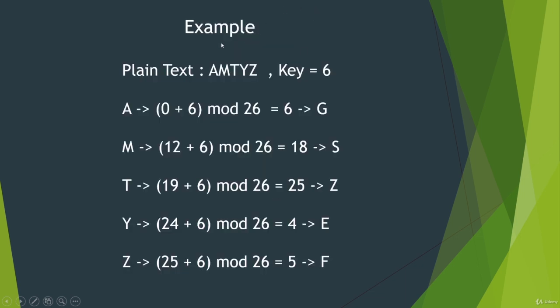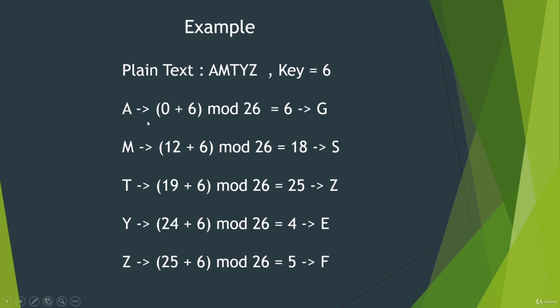I'm going to take an example. The plain text is AMTYZ. Think of it as an abbreviation, and I have already determined that the key is equal to 6. We need to apply the Caesar cipher for each and every character.